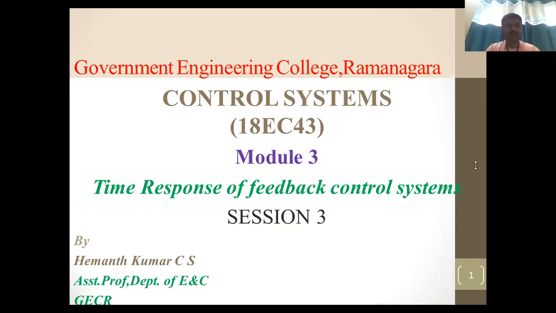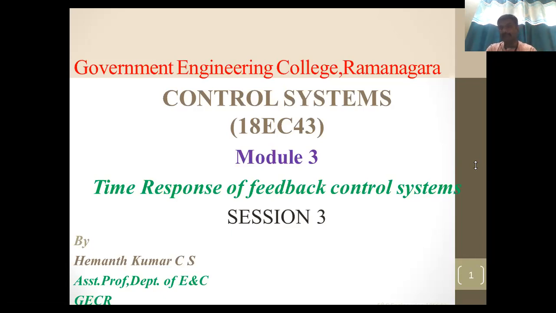Now in session 2, we concentrated on the time response analysis of first order system for unit step response, and also for second order system. In session 2, we had the introduction to the second order system.